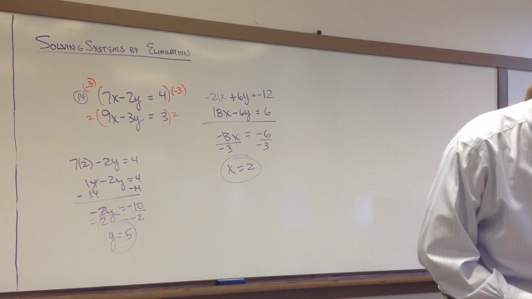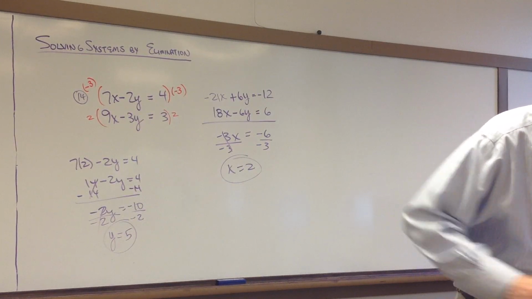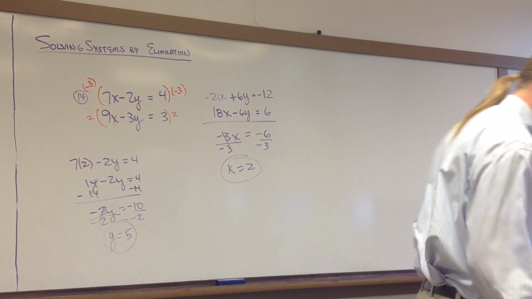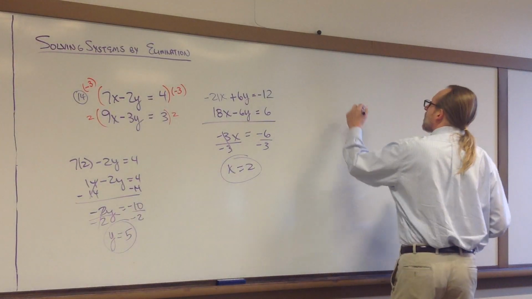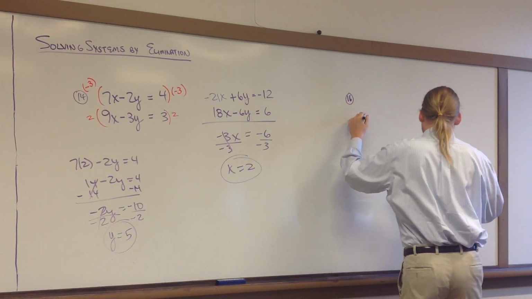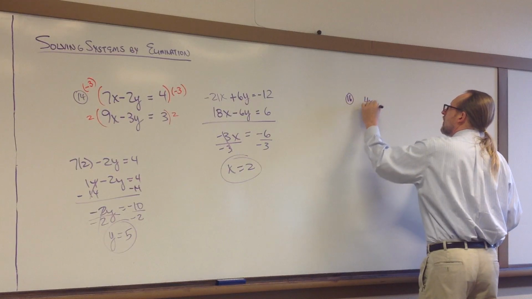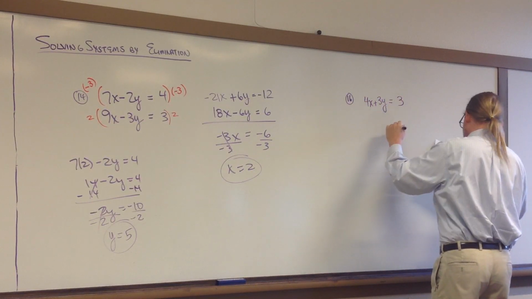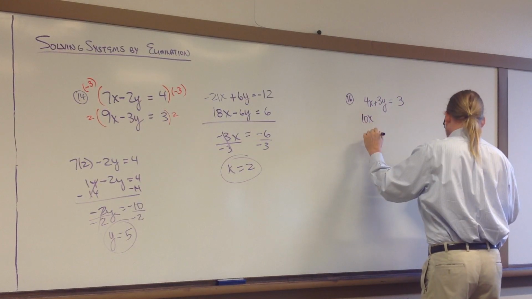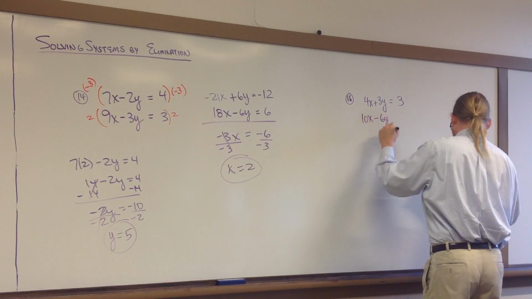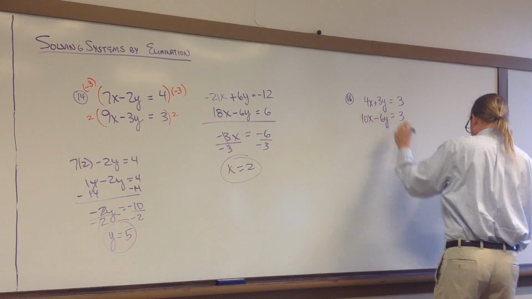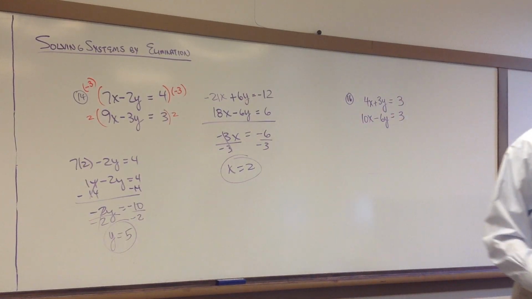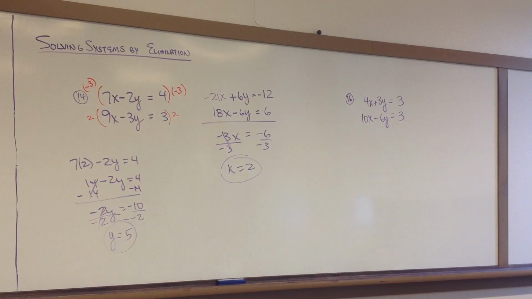Okay, let's see here. Let's look at problem 16. 4x plus 3y equals 3. 10x minus 6y also equals 3. Okay. Let's see here. What are we going to do?